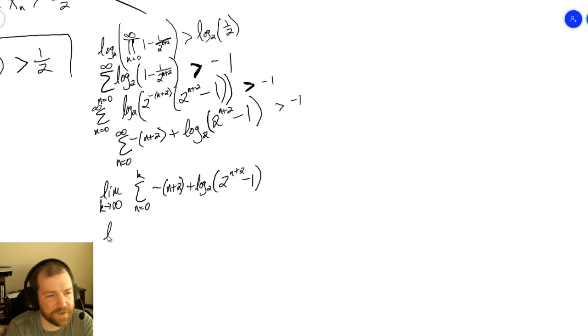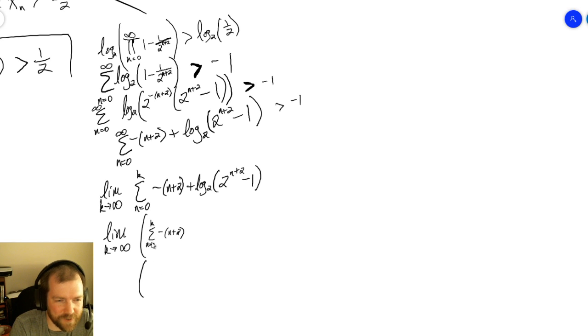Yeah, so let me see. This is the limit as k goes to infinity of this part, the sum of negative parentheses n plus 2 as n goes from 0 to k, which is totally finite. How dare anyone suggest otherwise? So the first one is when n equals 0, we get a negative 2.